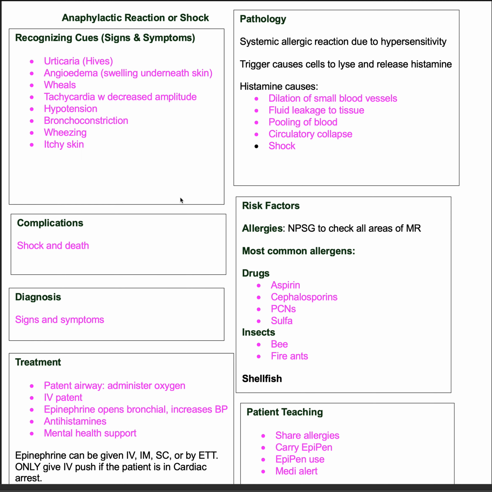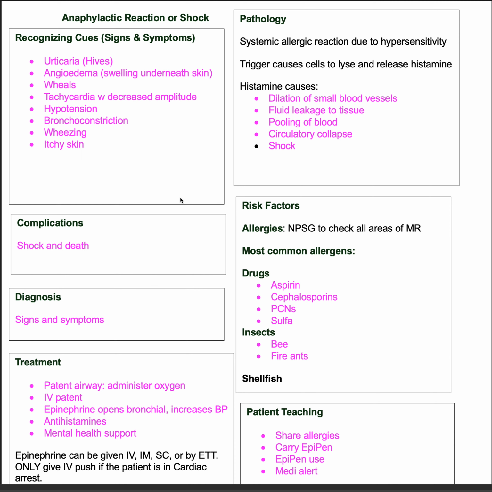Epinephrine is a great drug. It opens the bronchial tubes. It increases the blood pressure and improves cardiac output. Okay, you could be giving antihistamines and, of course, mental health support. So if your patient is having a reaction, you're going to stay at the bedside, stay with your patient, make sure they remain calm, and call out for help.